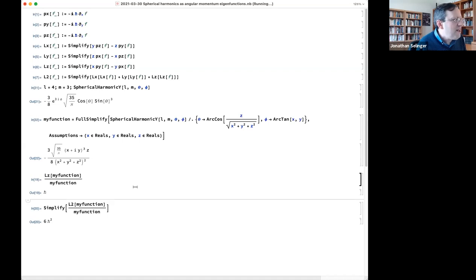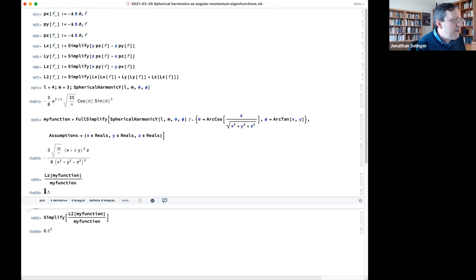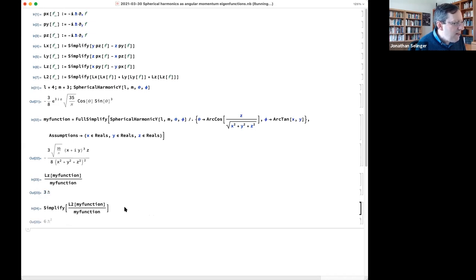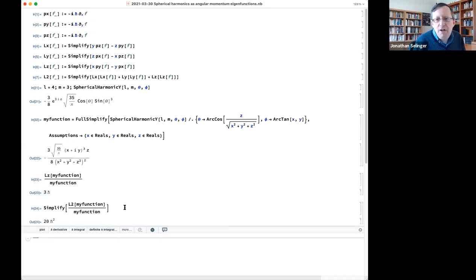Is this still going to work? Let's see. The Lz eigenvalue is 3 h bar. The L squared eigenvalue is 20 h bar, okay, because that's 4 times 5. All right, that checks out.